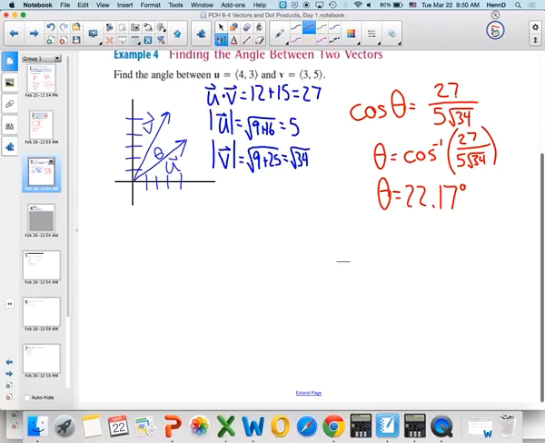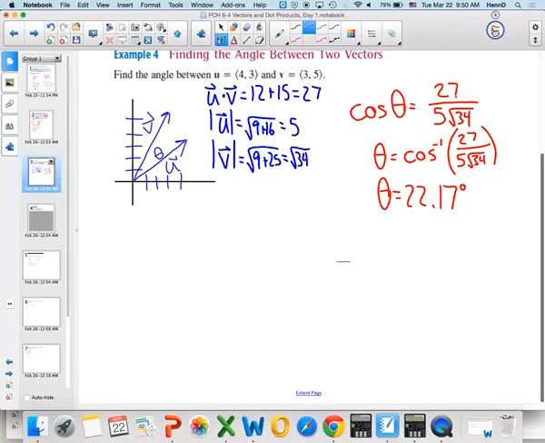And I point that out here because your dot product, if you find that first, will tell you a little bit about your angle. In some cases, that'll actually tell you your answer without even having to get the magnitudes.